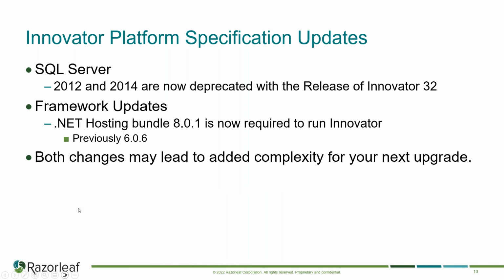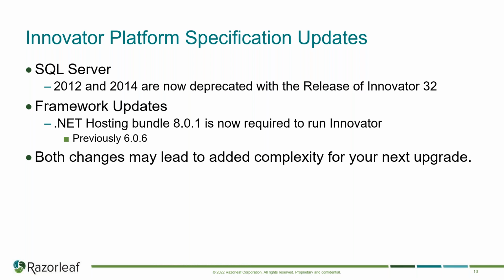Alongside that, specifically relating to upgrades, if you are moving or planning to move from any previous version up to release 32 and are running SQL Server 2012 or 2014, those are no longer compatible with Innovator. So look into that when you're planning your upgrade. Also get the IT team involved and make sure that your servers are up to date with what we need on the back end. And that goes along with our framework updates.